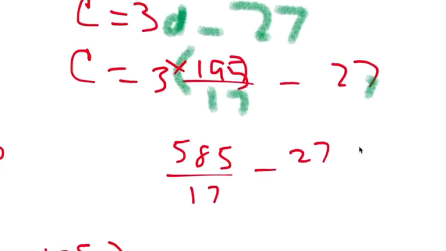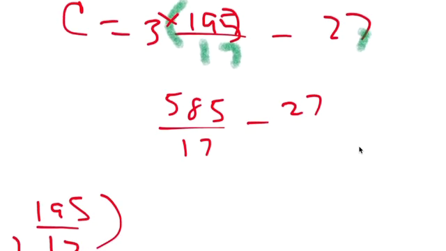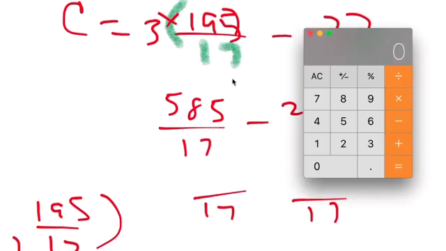Common denominators of 17. It's a good practice with this. So 17 times 27. Okay, did I put it right? 27 times 17. Okay, this is 459, 585.